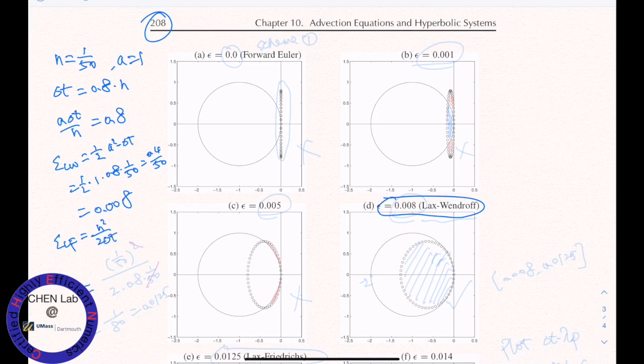So what is this? This is 1/50 squared divided by 2 delta t, which is 0.8 times 1/50. So we can cancel this, and with that we're going to get 1 divided by 80, right, which is 0.0125. And that's why this is Lax-Friedrichs.